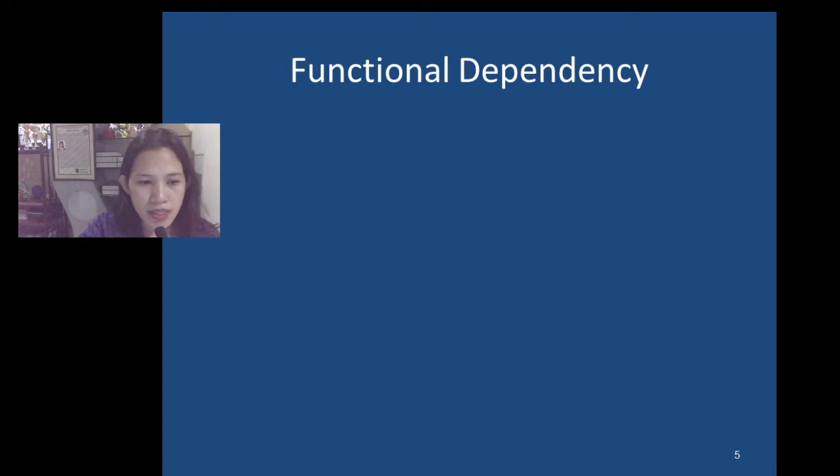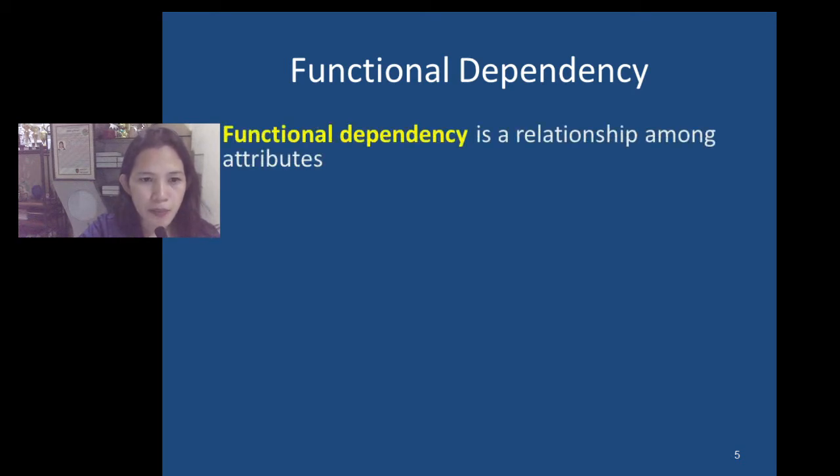Functional dependency. Functional dependency is very helpful in the process of normalization. So we will talk about functional dependencies and the different types of functional dependencies. Functional dependency is a relationship among attributes.